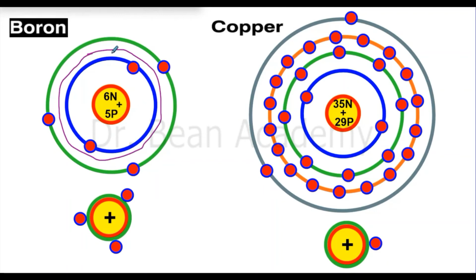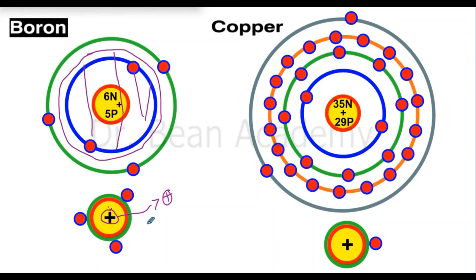I will represent all of this information as a yellow or whatever color central part with a positive sign showing that the nucleus is inside because protons are there, plus the inner shells as well. Although I won't show those inner shells, just imagine that those shells are also buried inside the central part.